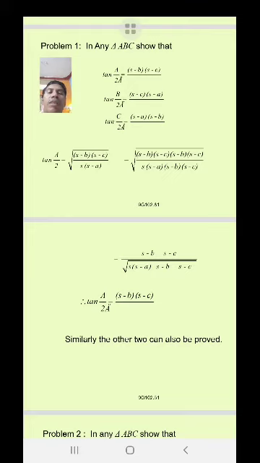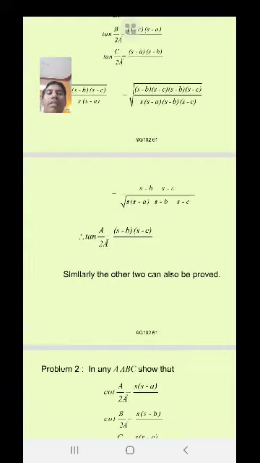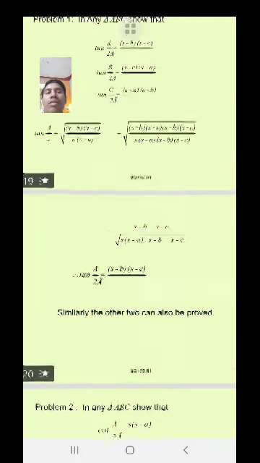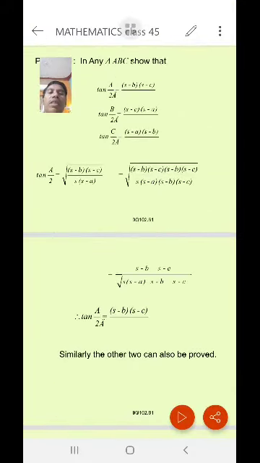Numerator and denominator we multiplied by s minus b into s minus c, because there is no change if we multiply both. s minus b into s minus b means s minus b whole square, and s minus c into s minus c means s minus c whole square. So in the numerator the square root gets cancelled and single factors remain, that is s minus b into s minus c.